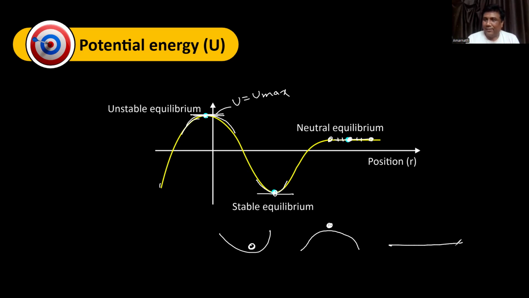And if it is a horizontal plate and you put the marble here, it will be in neutral equilibrium, because wherever you release it, it will stay there only. That is the sign of neutral equilibrium. So that is stable equilibrium, that is unstable equilibrium, and that is neutral equilibrium.